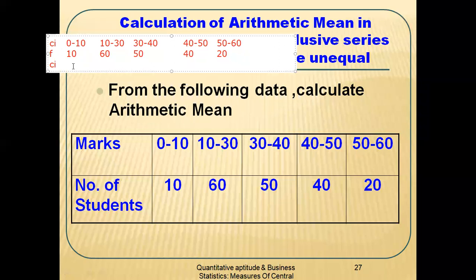The entire 10 to 30, I will split into two equal parts: one range as 10 to 20, another range as 20 to 30. Now, are the class widths the same? 0 to 10, 10 to 20, 20 to 30, 30 to 40, 40 to 50, 50 to 60. Yes, the class widths are the same.